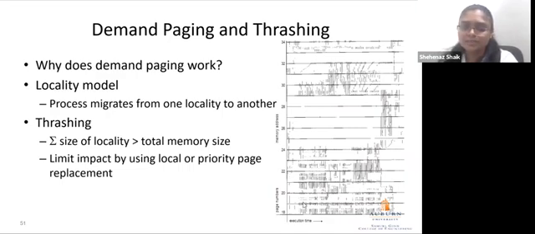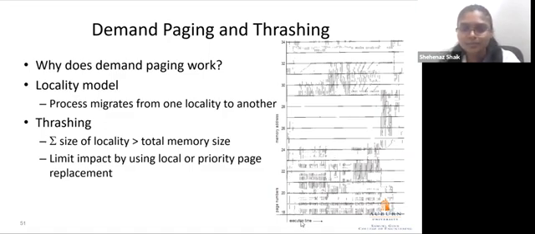This is referred to as the locality of the process, and it is recommended that the entire locality of a process is loaded and available in memory during its execution. If we can do that, it will drastically reduce the number of page faults.